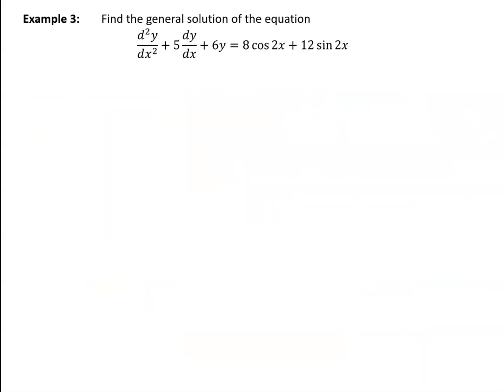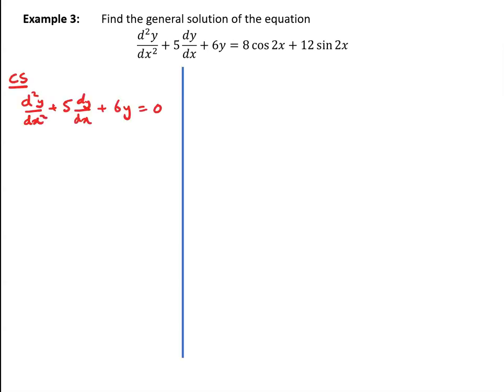For our next example, we're going to find the general solution of the equation d2y/dx squared plus 5 dy/dx plus 6y equals 8 cos 2x plus 12 sin 2x. Again, we're going to start off by finding the complementary solution. So we're going to try and solve the equation d2y/dx squared plus 5 dy/dx plus 6y equals 0.